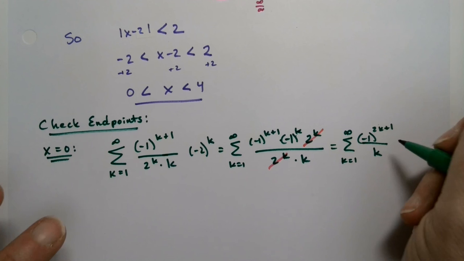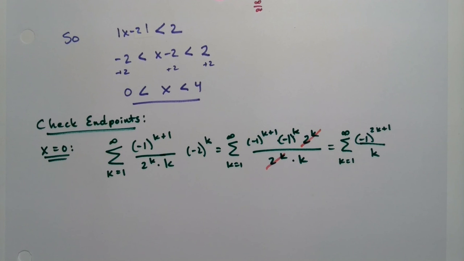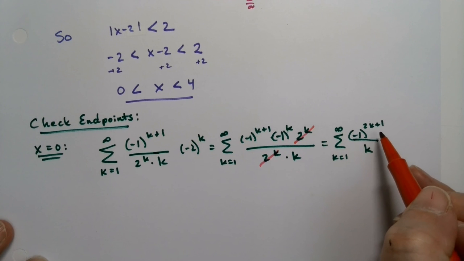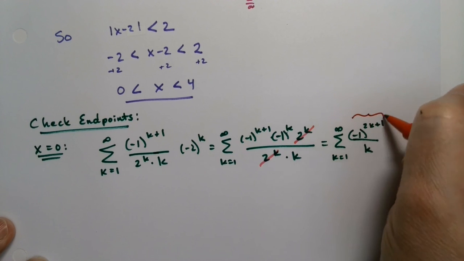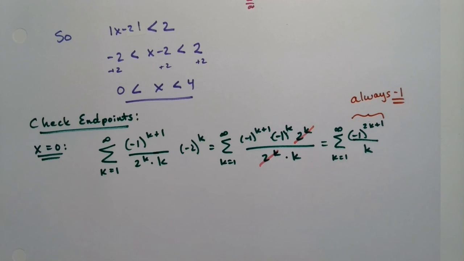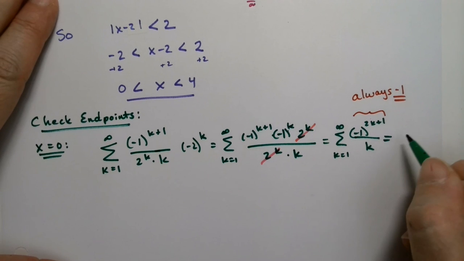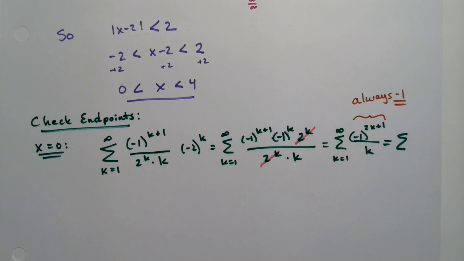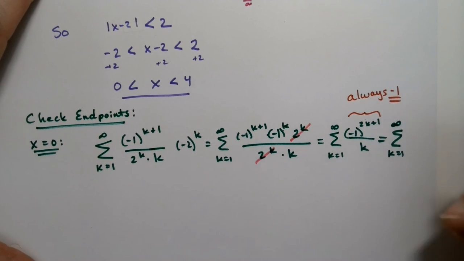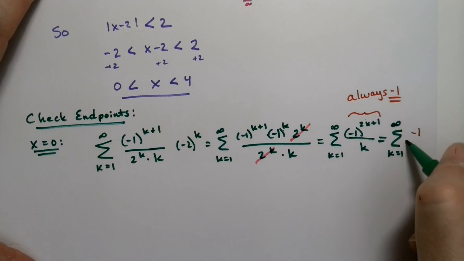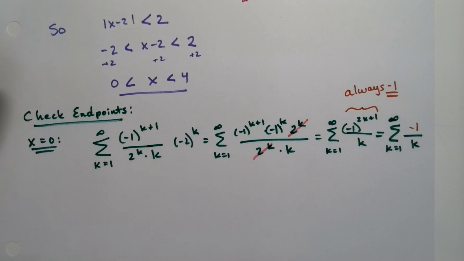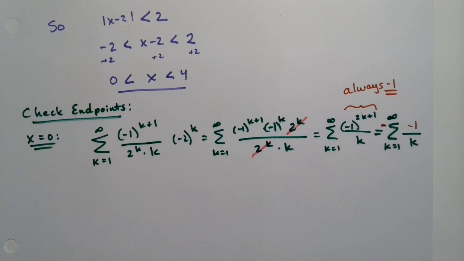That is actually always negative. That never changes because 2k plus 1 is odd. So 1, 3, 5, 7, and so on. So this is always negative 1. That's the same thing as saying the series from 1 to infinity of negative 1 over k. Or in other words, you could put the negative out in front and say 1 over k.